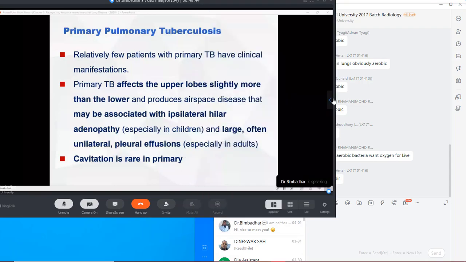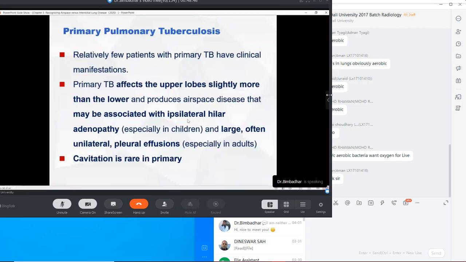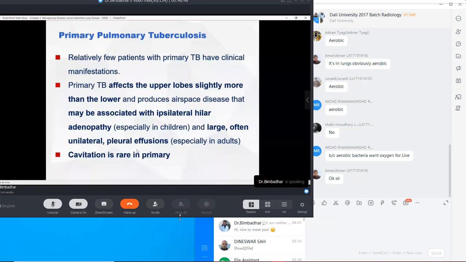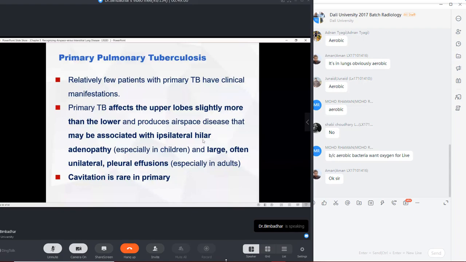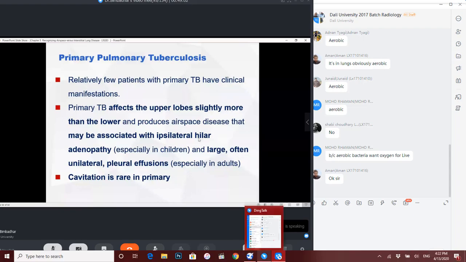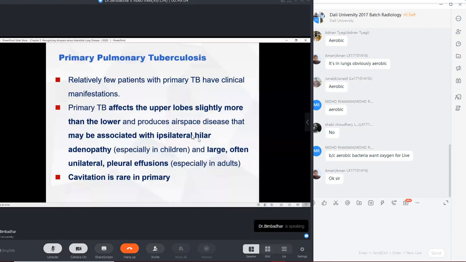Fine. See, the first thing, we actually have to see that there is a mixed pattern. And what is the thing? Whichever side you have got that granulomatous reaction, that is the side you are having the hilar lymphadenopathy. Let us say if the Ghon focus is seen down in your right lung, there should be right hilar lymphadenopathy. And what is the criteria for lymphadenopathy?